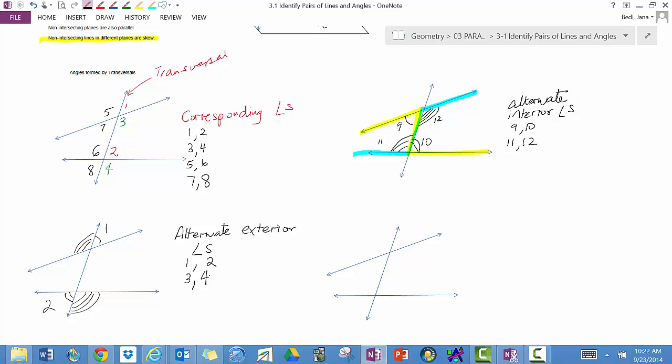So we've got corresponding angles, alternate interior, alternate exterior, and finally we are going to talk about same side interior.